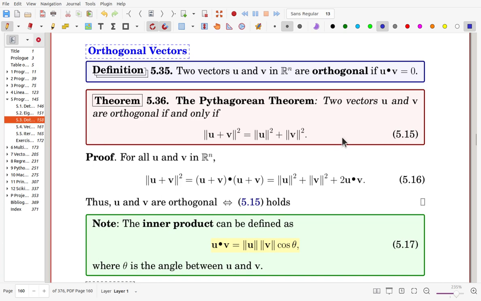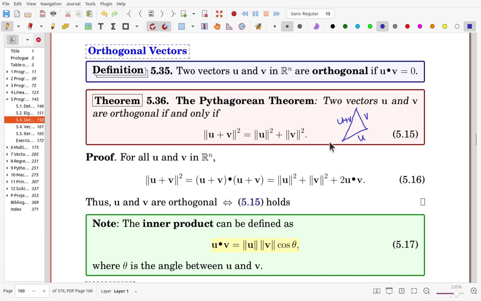Now let's draw a figure. That is U and that is V. Then from the origin, that one will be U plus V.